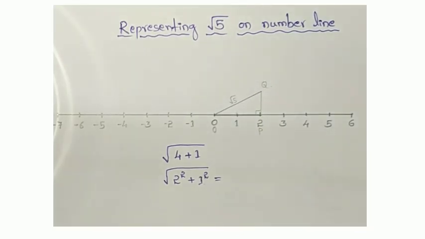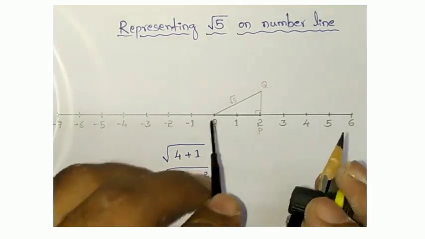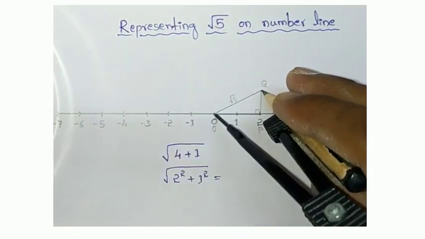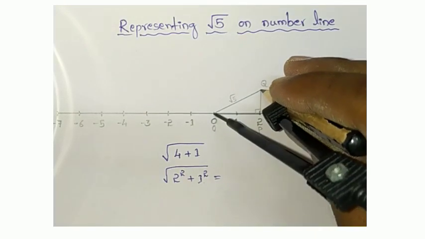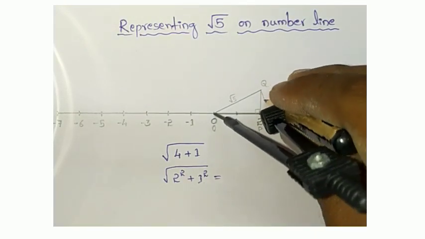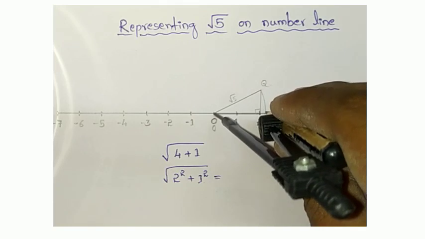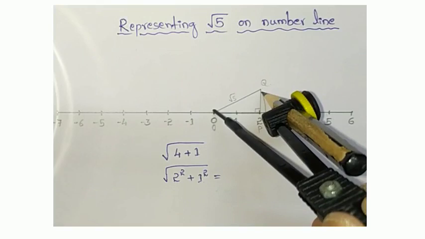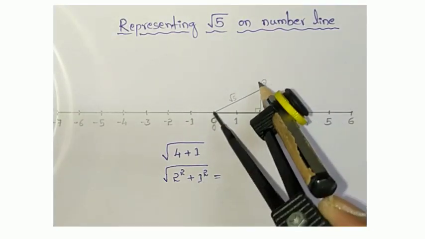But we need this root 5 on the number line. Simple thing: take the compass, measure OP, and make one arc until it cuts our number line.